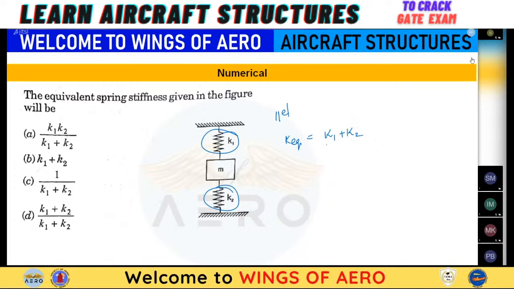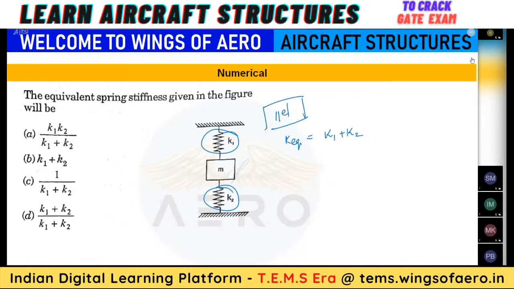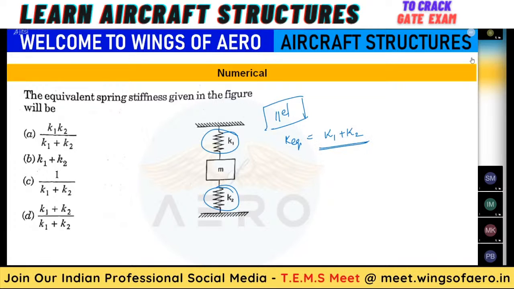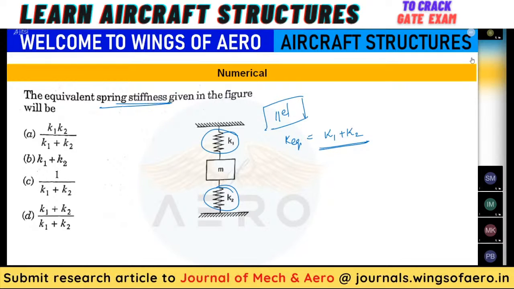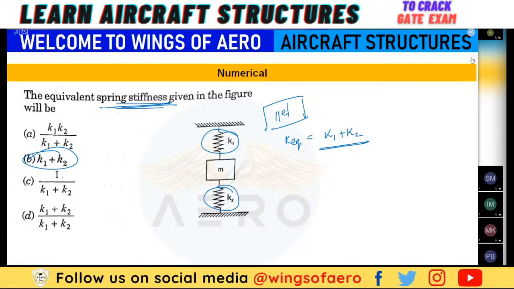This kind of system, whenever you see, you should know this is a system in parallel. Parallel means you are going to sum up this way. They ask only the equivalent stiffness, so the right option is option B. All right.